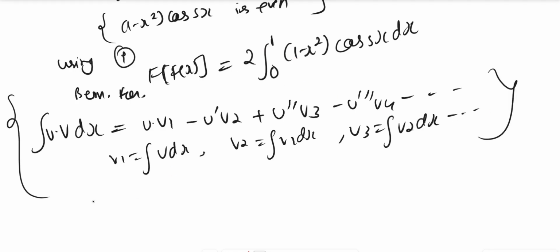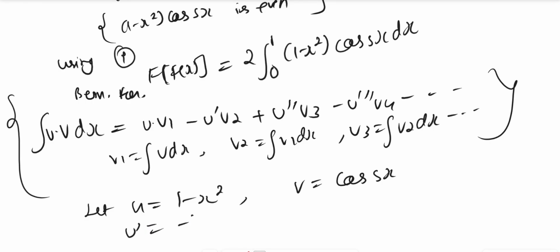In this question, we take u equal to 1 minus x square and v equal to cos sx. Now u dash is minus 2x, u double dash is minus 2 and u triple dash is 0. That is, the third derivative is 0. After this, all the remaining terms will be 0. So we need to find v1, v2 and v3.